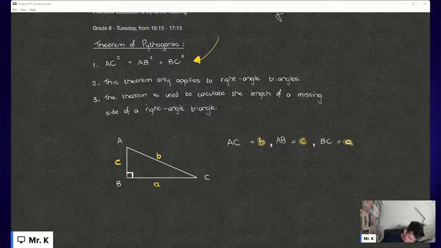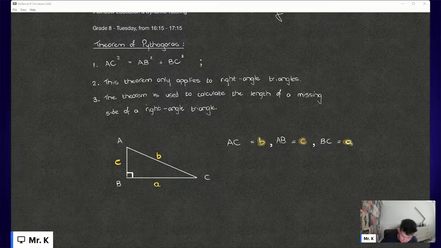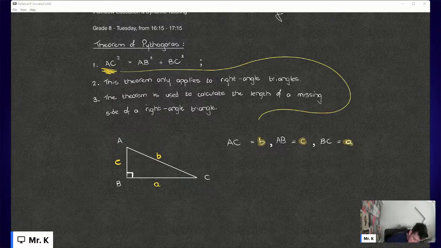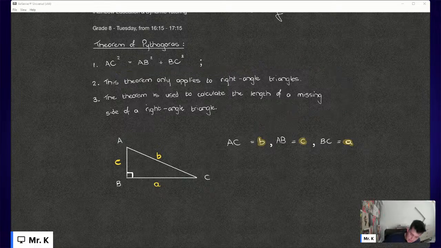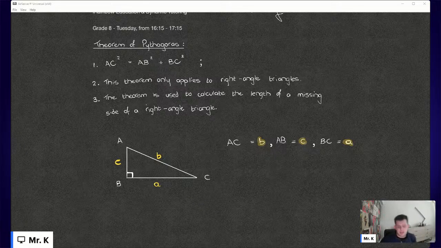So what's useful to keep in mind, guys, for the sake of your own studies, especially when you study from varying textbooks and sources, seeing as we know that AC over here is equal to b, and we have the same thing for all of the other sides of the triangle, we can actually rewrite this theorem just in different terms.